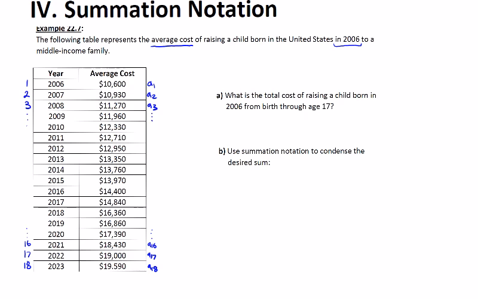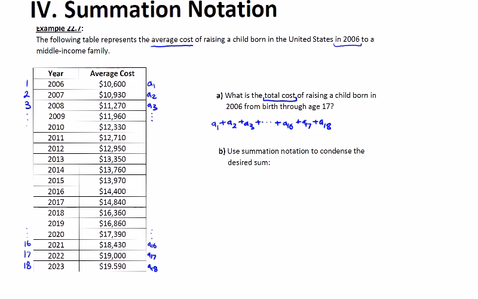Now what we're asked to do is: what is the total cost of raising a child born in 2006 from birth through age 17? So what I'm being asked to do is take A1, add A2, add A3, and add all the numbers in between until I get to A16, A17, and also A18.